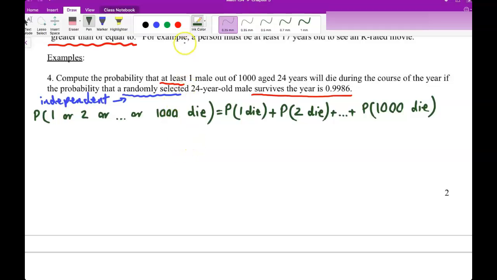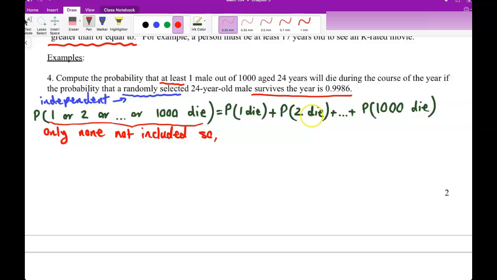And what we don't have here is only none. What I have here is the probability of survival.